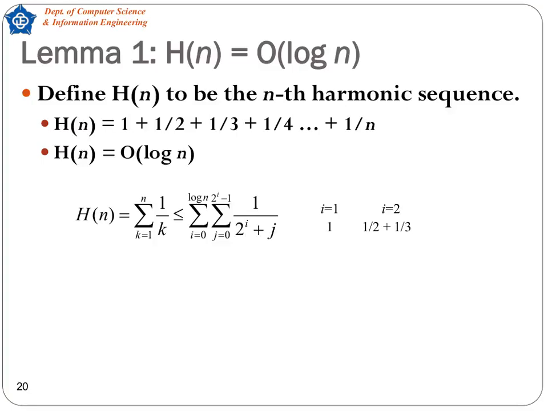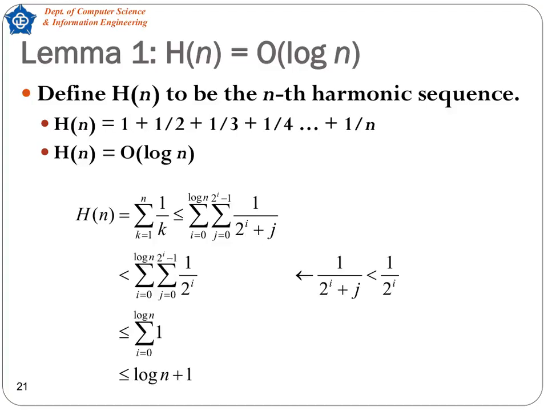In each block, every term is at most the first term, so the whole block sums to at most block size times first term, which is less than or equal to 1. Since there are about log n such blocks, we get H(n) is less than or equal to 1 plus log n, which is O(log n), proving the desired bound.